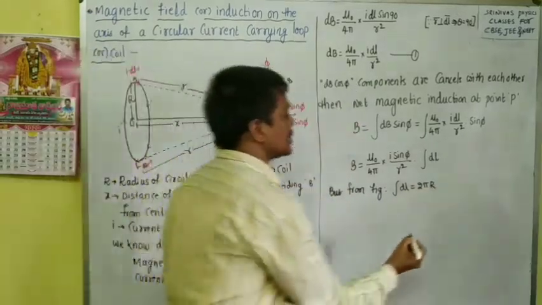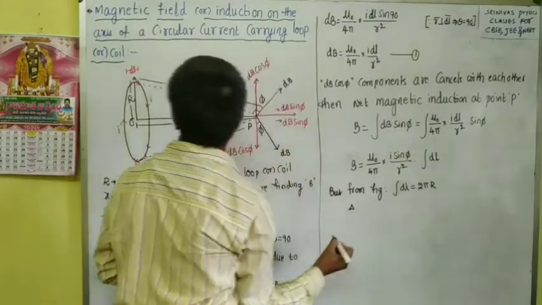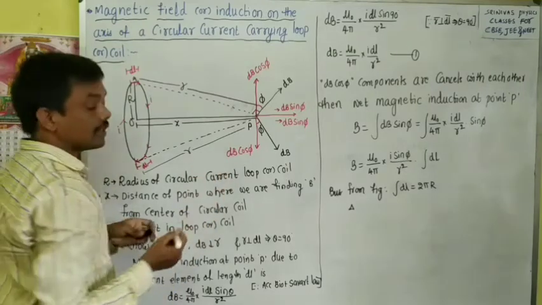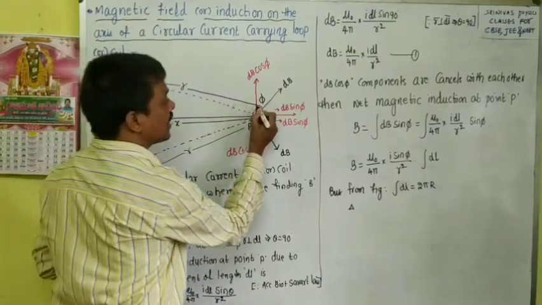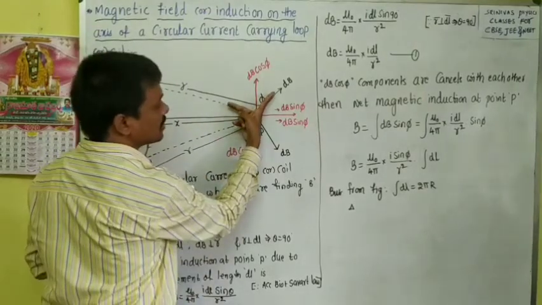And one more thing from the figure, from the triangle. One thing we have to know here. This angle I am taking as phi, but r and dB are perpendicular to each other.